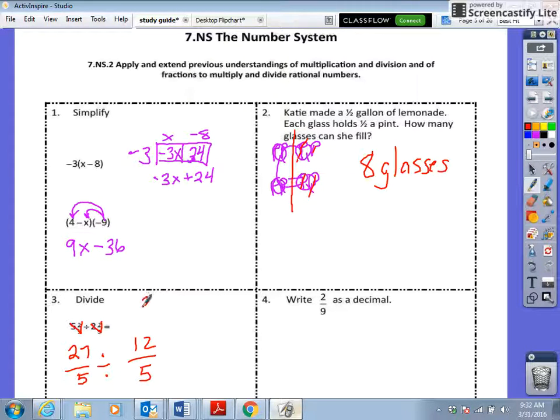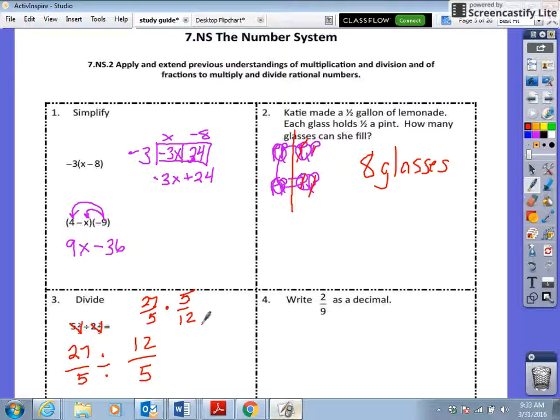So we have 27 fifths. You leave the first number by itself. You change this to multiplication. Some people say keep, change, flip. I learned copy dot flip. Either way, you are finding the opposite, the reciprocal of this. So you're flipping it, 5 over 12.